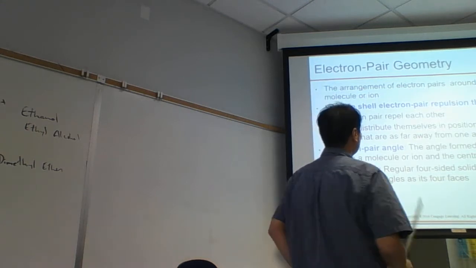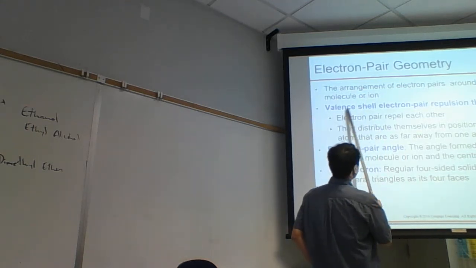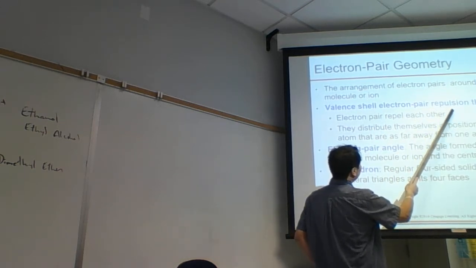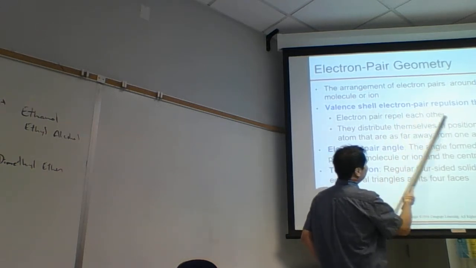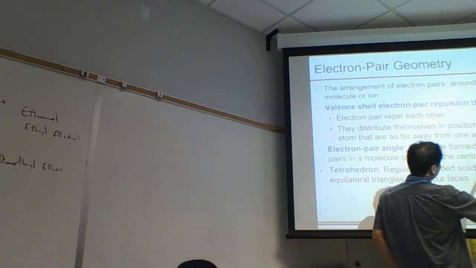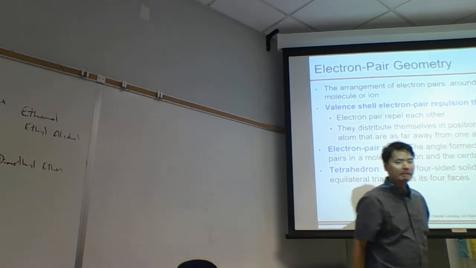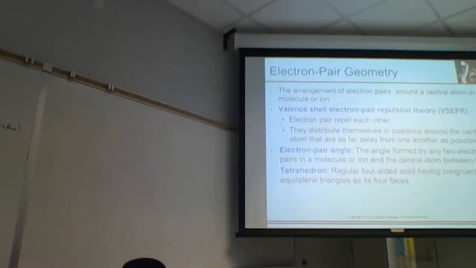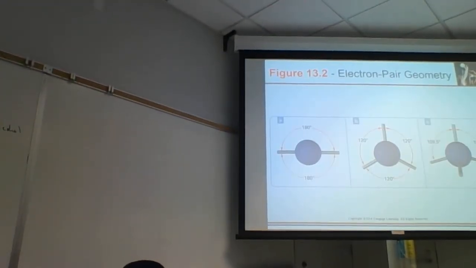But anyway, we should call this electron group repulsion theory. Electron group, so it'd be "Vesper" rather than "Vesper." That might be better. Because what happens is this, and I'm going to skip that.